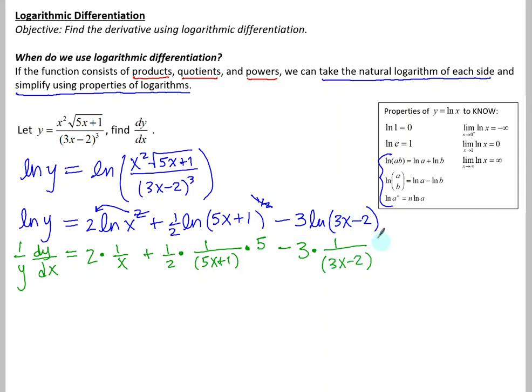Using the chain rule, the derivative of the inside is 3, so times 3.